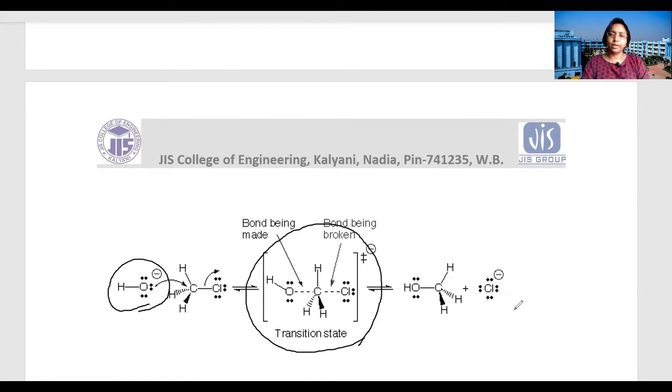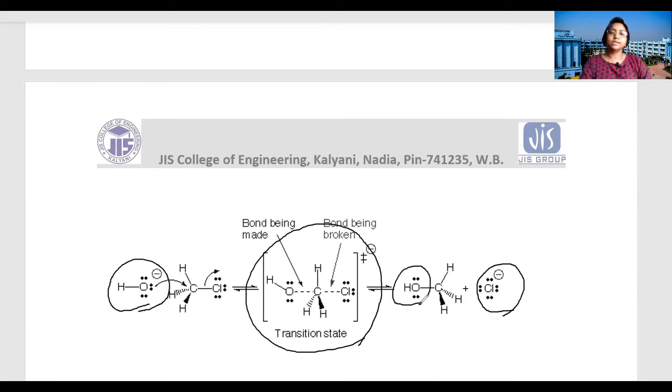Then the chlorine is removed and OH is attached. So we can say that OH replaced the chlorine. Initially in the reagent there was chlorine, and in the final product Cl minus is replaced and OH minus is attached here.